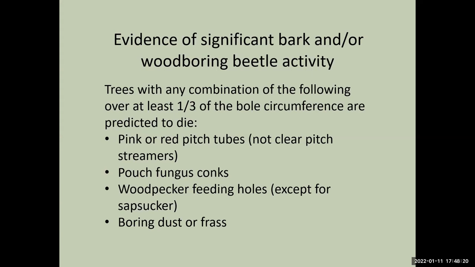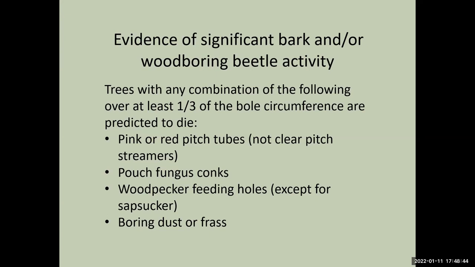You can simply walk up to the tree and look for these other indicators, such as pink or reddish pitch tubes from bark beetles, and pouch fungus conks, where beetles have entered and exited the tree and allowed spores of the Cryptoporus fungus to invade the tree. You can also see where woodpeckers are feeding on the wood-boring beetle larvae and the bark beetle larvae.